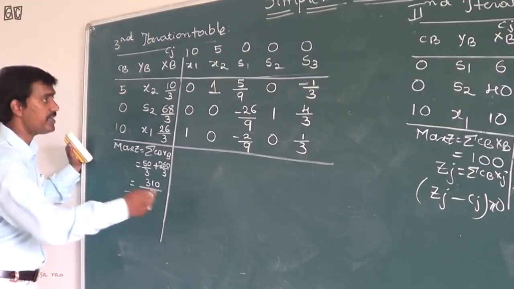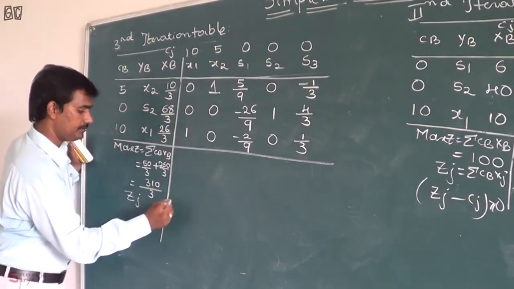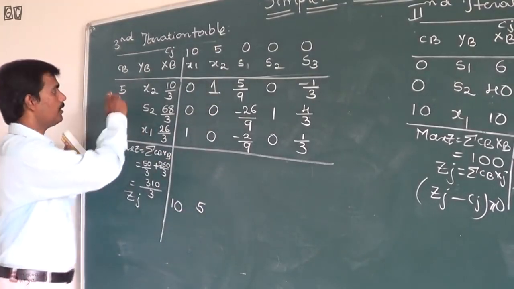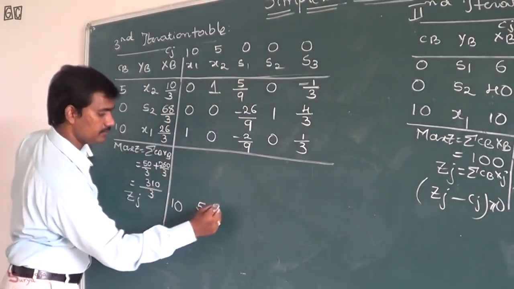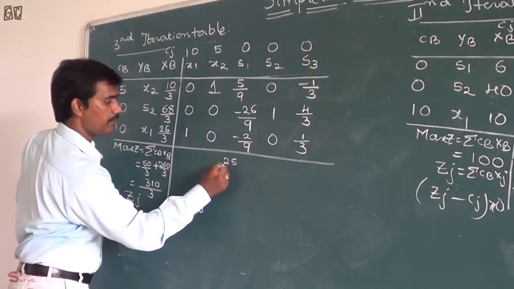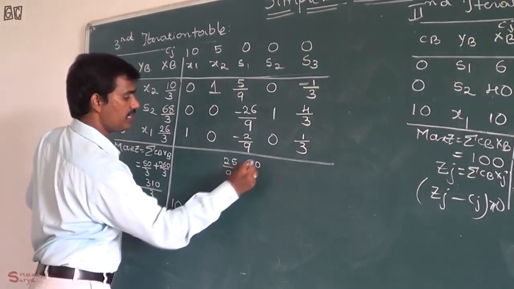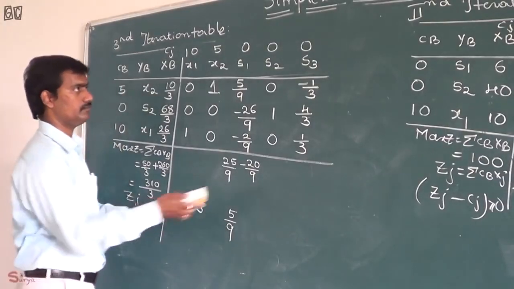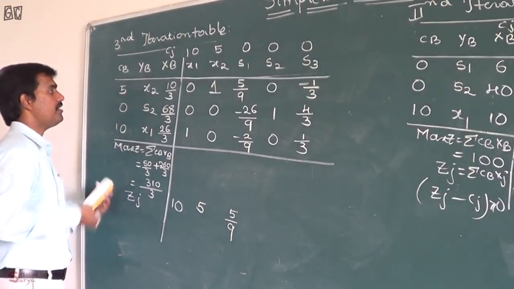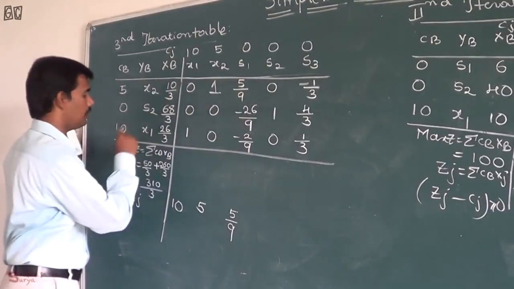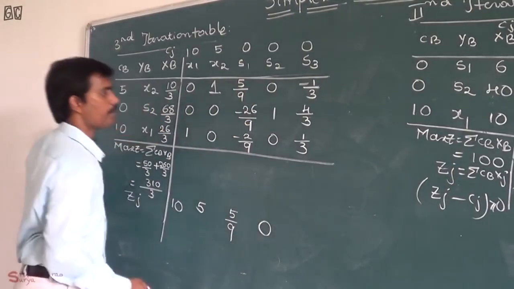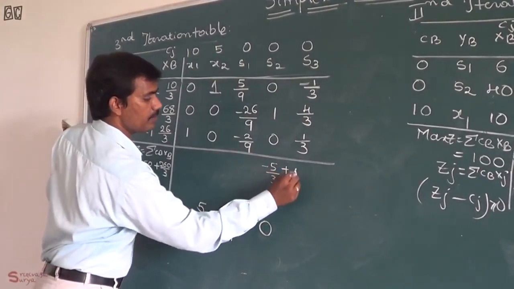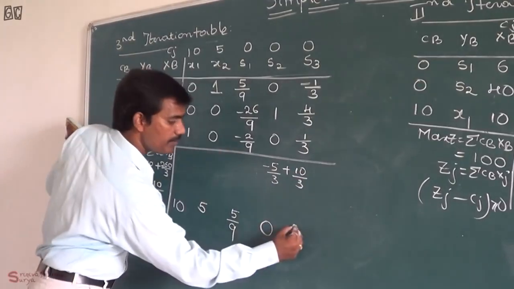The formula is summation CB into Xj: 0, 0, 10, 5, 0, and again 0, that is 5. 5 fives are 25 by 9 minus 20 by 9, that is simply 5 by 9. And one more, 5 into 0, 0, 0, and again 0, that is simply 0. Minus 5 by 3 plus 10 by 3, so obviously 5 by 3.